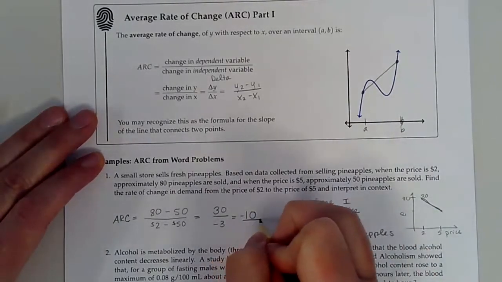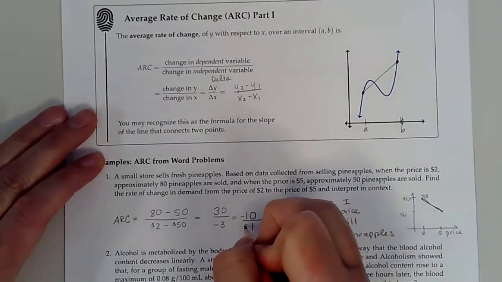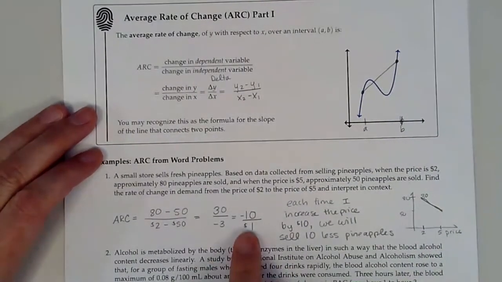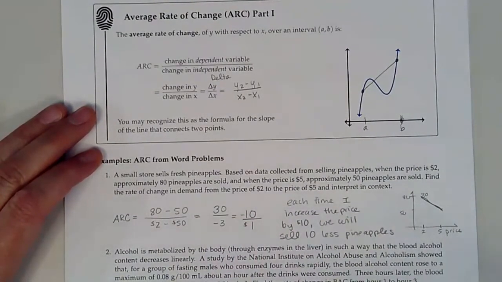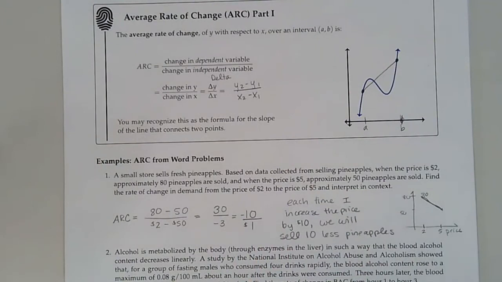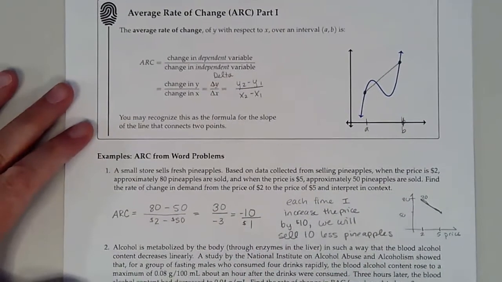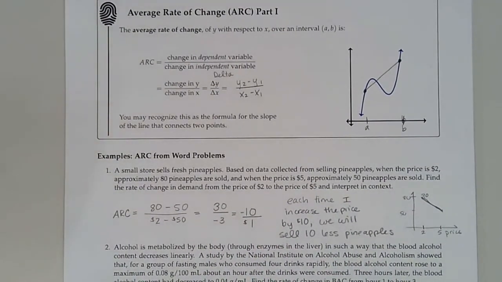We could write that as -10 over 1 if that maybe makes it a little easier to see. As we go up by $1 in price, the number of pineapples we sell should be decreasing by 10. That's our expectation there. All right, so that should give you a good first example of average rate of change in a word problem and how to interpret that.